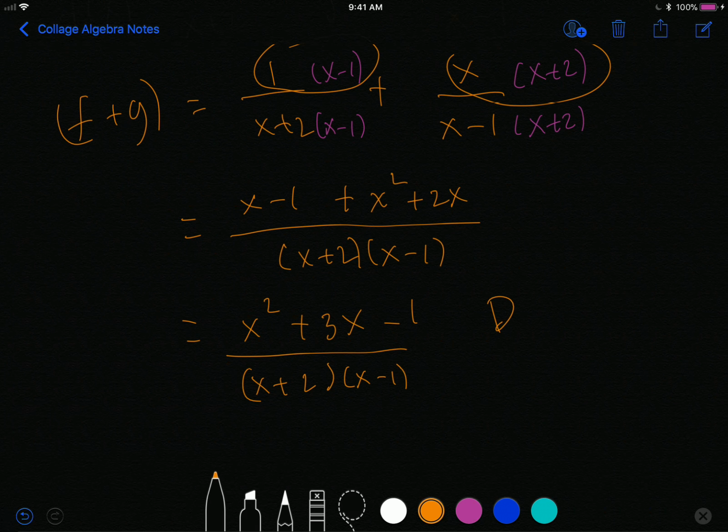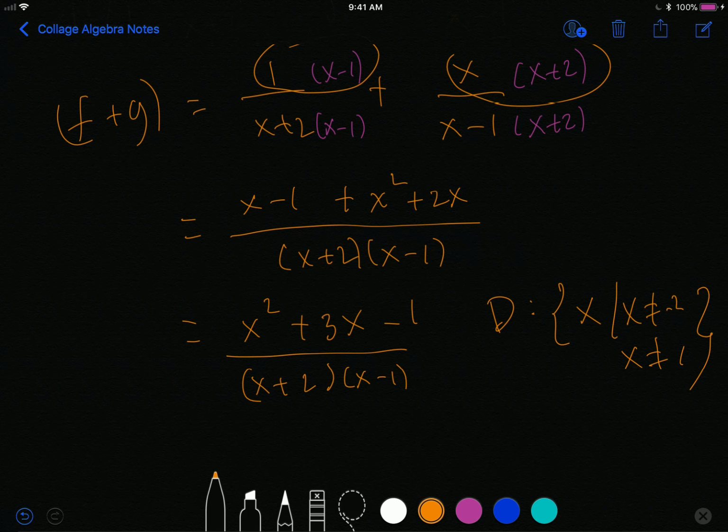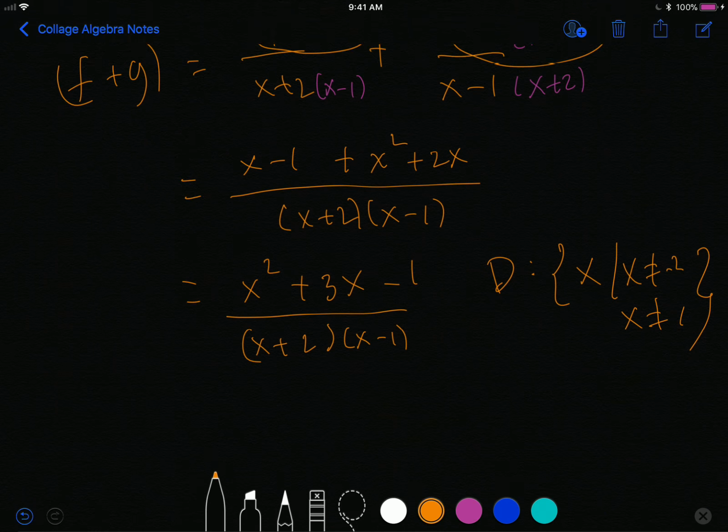My domain here will be x such that x cannot equal negative 2, x cannot equal 1. That would be my domain right there.